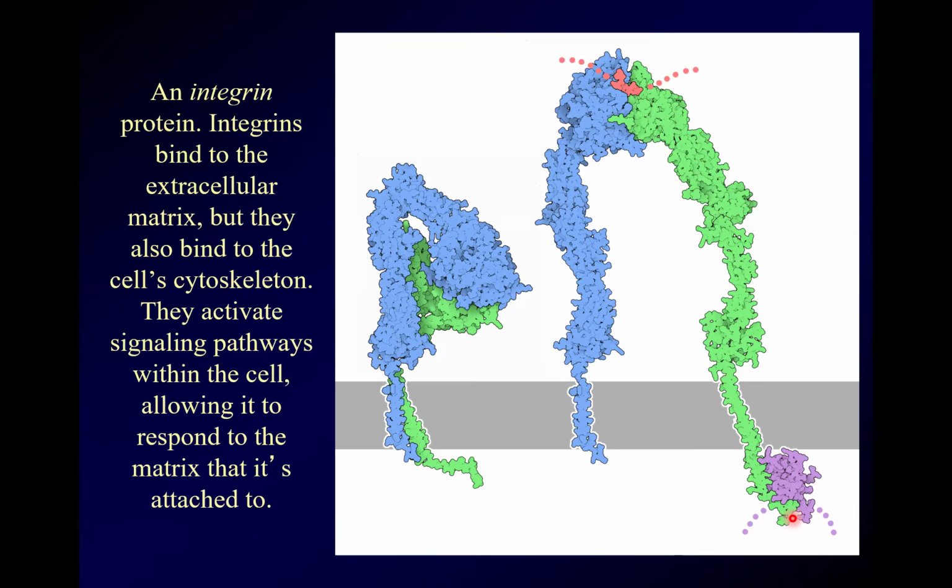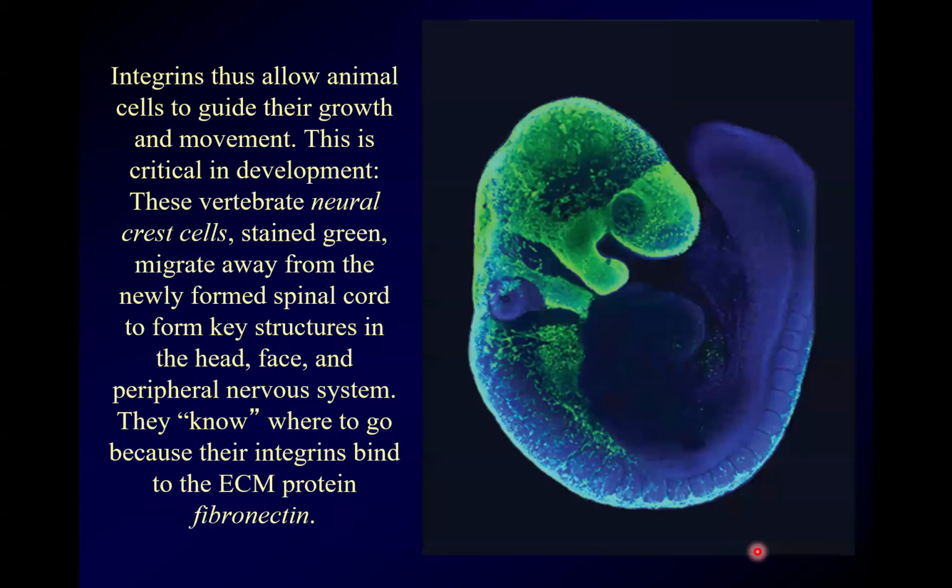There's lots of different ways that a conformational change of the integrin protein down here will activate a signaling pathway within the cell. So the cell can respond to the matrix that it has adhered to, which turns out to be really important in development.